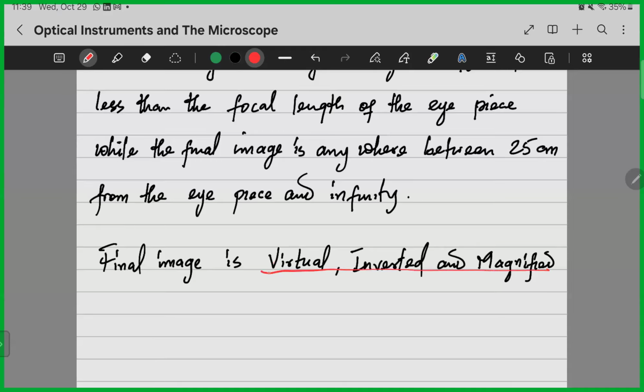You can also note that the final image is outside the lens, and nearer the object. Keep that in mind.